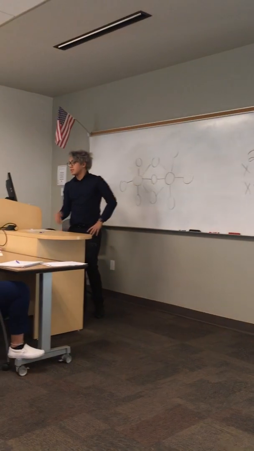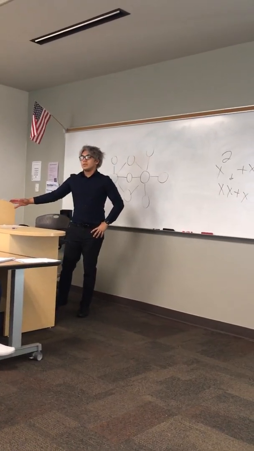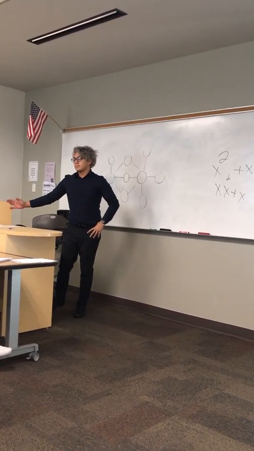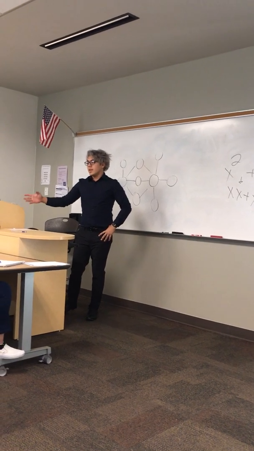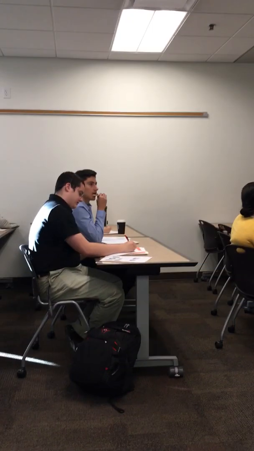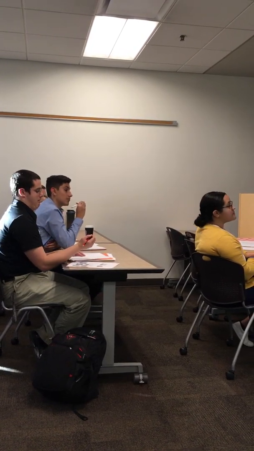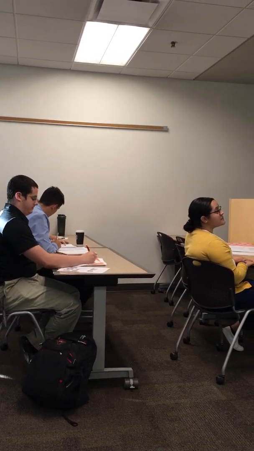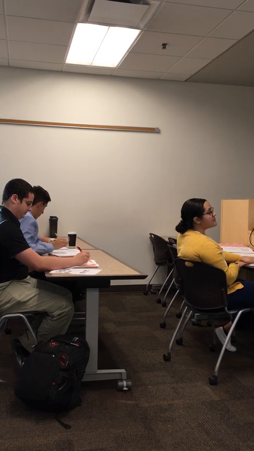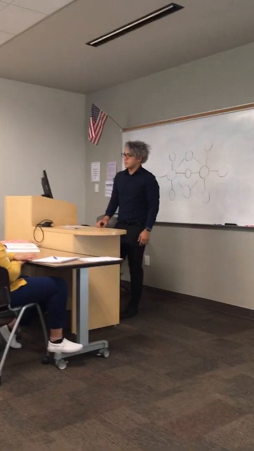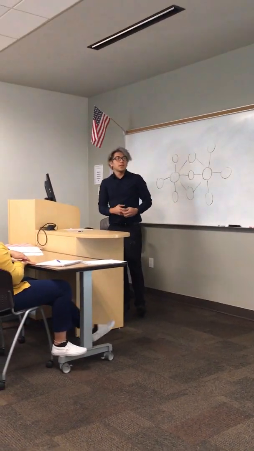So based on our definition, what is a 0? Gage, can you tell me what a 0 is? The values of x that cause y to go to 0. Okay, exactly.